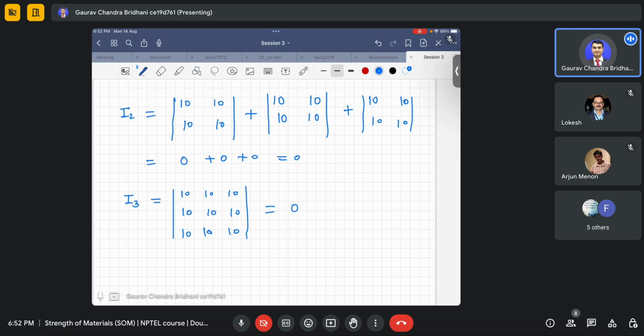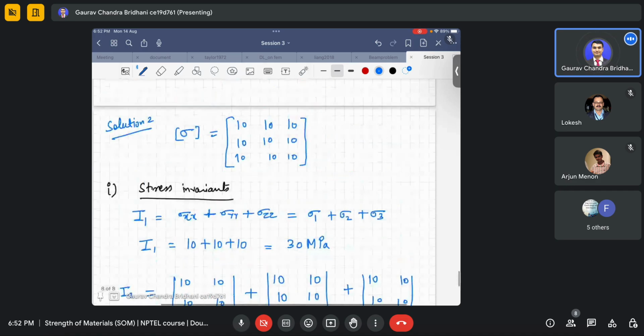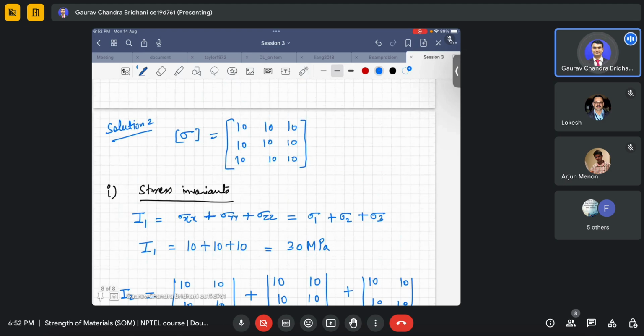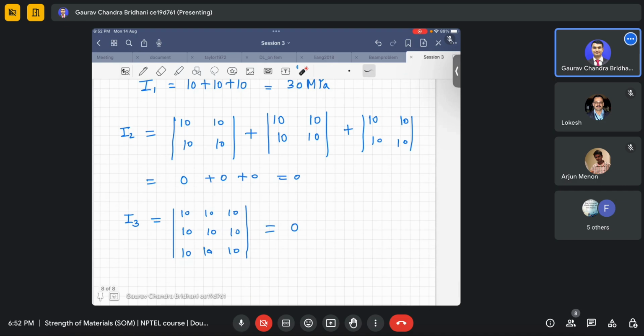So I3 will also be 0. So we have found the stress invariants. These three stress invariants I1, I2, I3 will not vary with the representation of the stress tensor. If for another plane the components of the stress tensor change, even then the invariants I1, I2, I3 will remain the same.